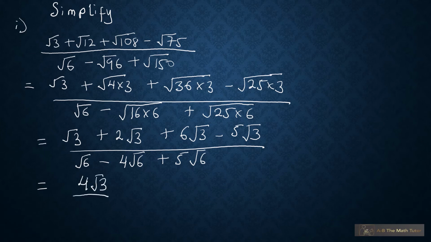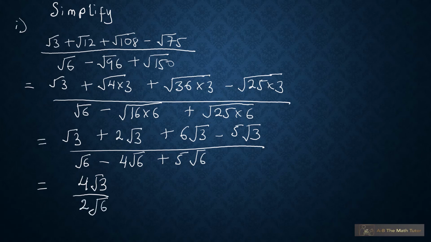The denominator also has common sets of root 6. So we have 1 minus 4 plus 5, and that will give you 2, because 1 minus 4 is negative 3, and then negative 3 plus 5 is 2. So we have 2 root 6.